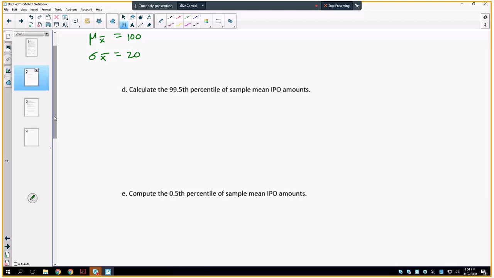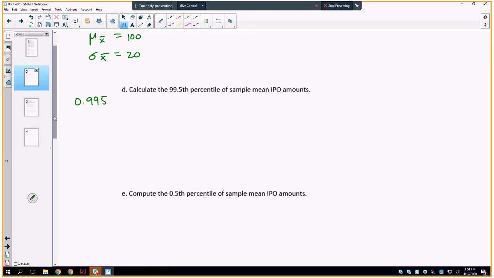But I need to convert that percent to a decimal. And I think we know by now that to convert a percent to a decimal, we just divide by 100. In this case, I'm going to end up with 0.995.